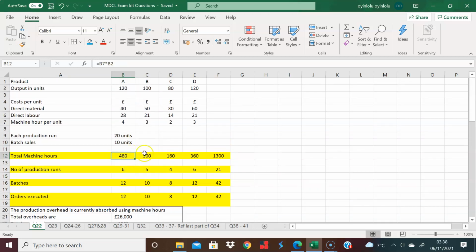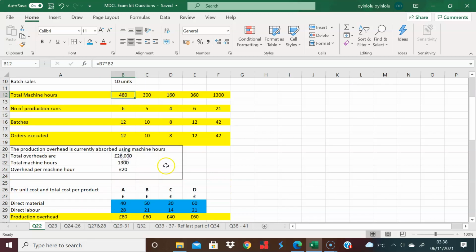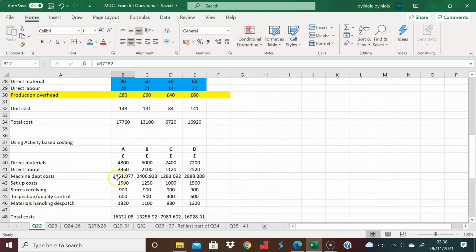I could have done that straight away, but because you know it's 4 machine hours per unit, and you make 120, that's 480, 300 here. So you're multiplying this 480 by the £8 and 2, because the question wants totals, although I do it in steps. Basically, get your number of machine hours and multiply that by the £8 and 2, and you're there.